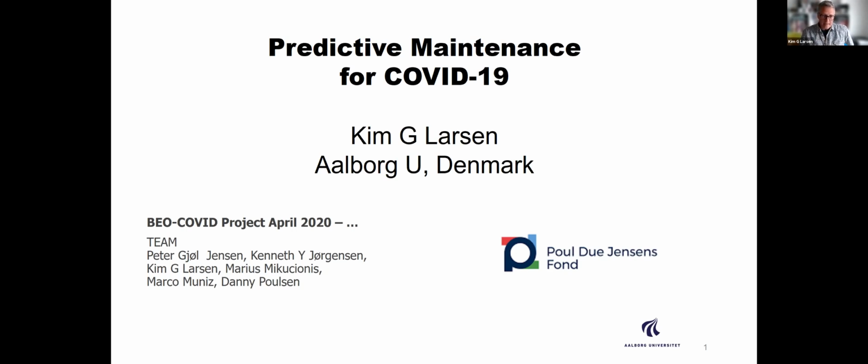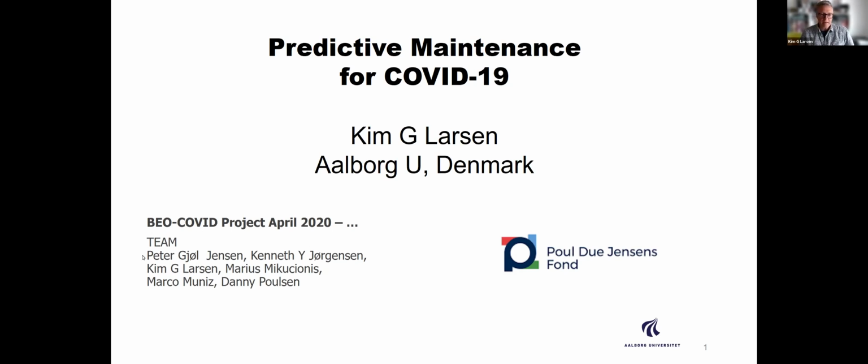So way back there 1.5 years ago, we were given a grant very quickly by the Grundfos Foundation. Actually, it's called the Poul Due Jensen Foundation. And the task that we were given was to use this tool, UPPAAL, to the best of our ability to do something with this COVID-19.